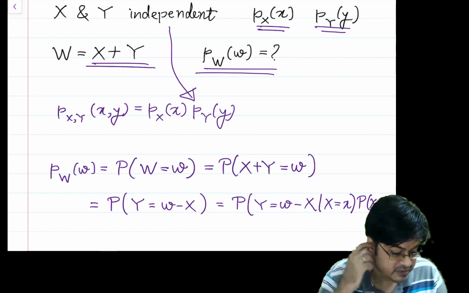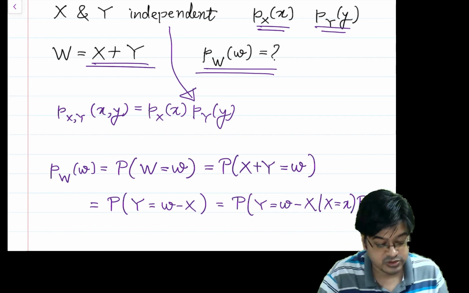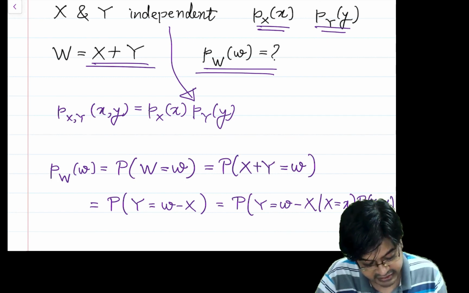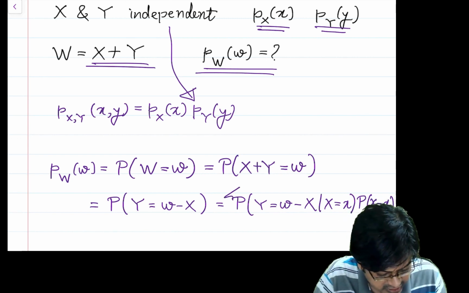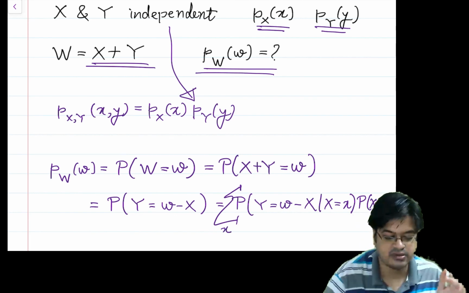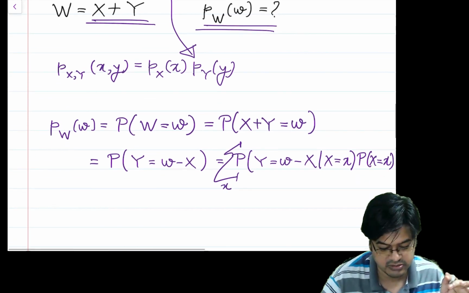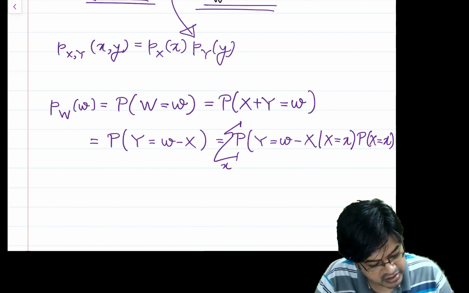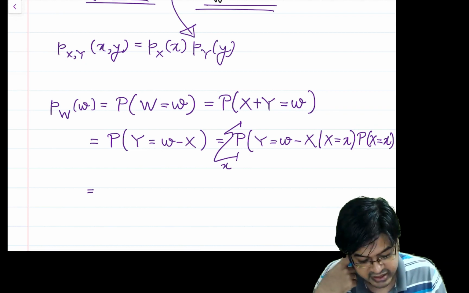But this X was a random variable, remember? So I cannot simply get away with this expression because this is not equal to this. So what I need, I am actually marginalizing it, right? So I need to sum over all x's, all possible x's. Okay. Now use the fact that these random variables are independent.